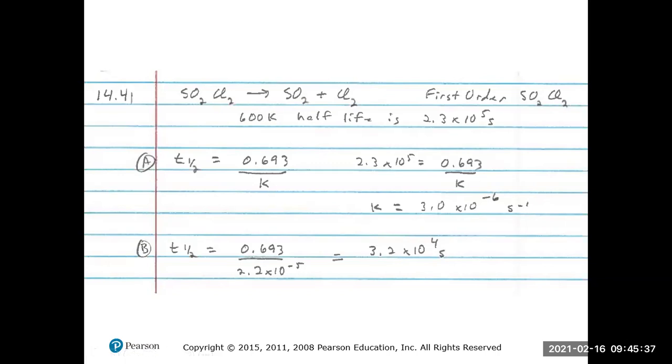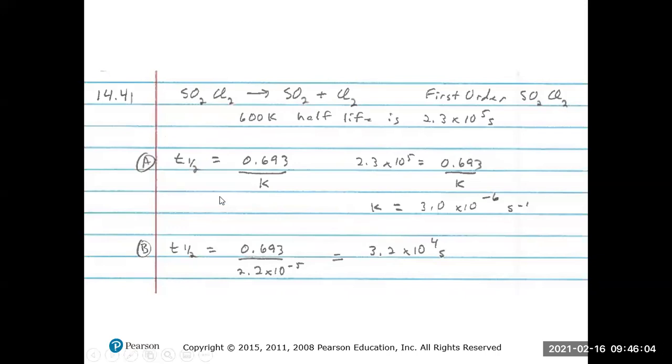In part B, now we're at 320 degrees C, and it tells us that the rate constant at that temperature is 2.2 times 10 to the minus 5 seconds to the minus 1. What we want to calculate in this part of the problem is the half-life time.